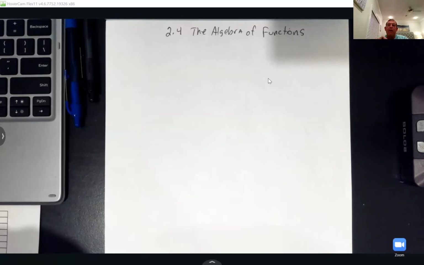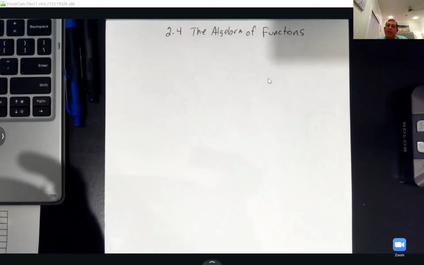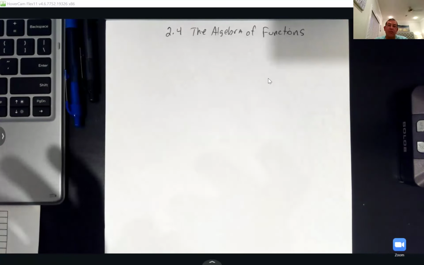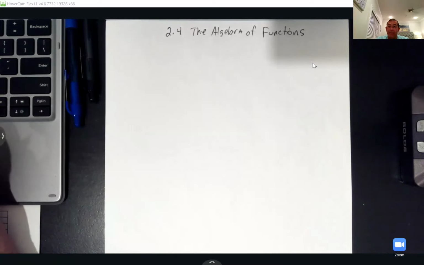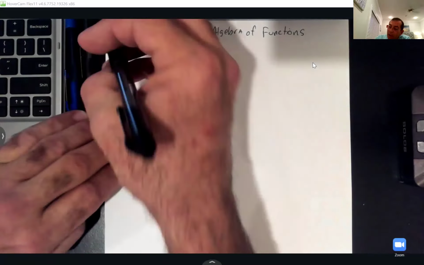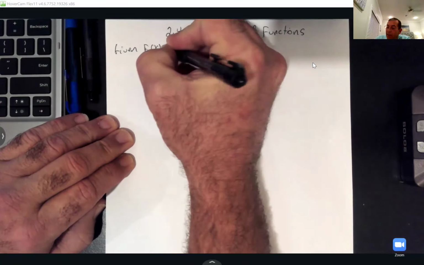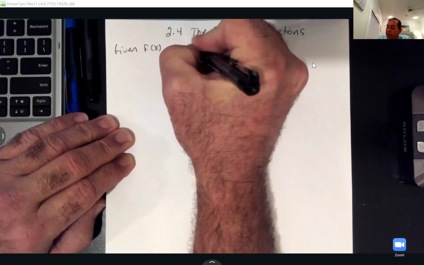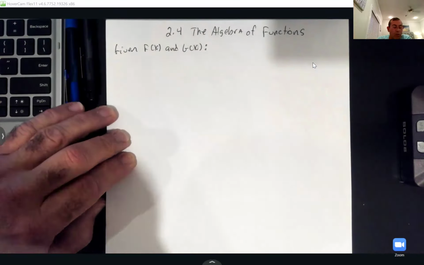All righty. So what we're talking about are operations such as adding functions, subtracting functions, multiplying functions, and dividing functions. Given f of x and g of x, there's four operations we'll look at.